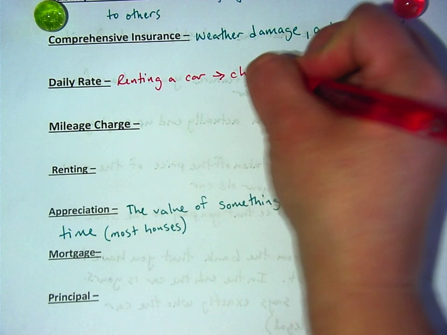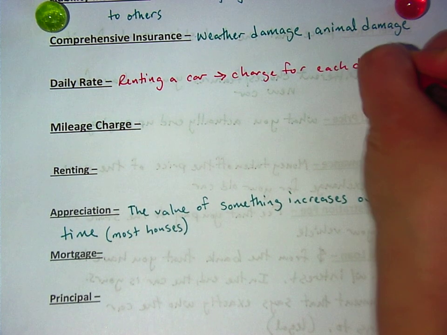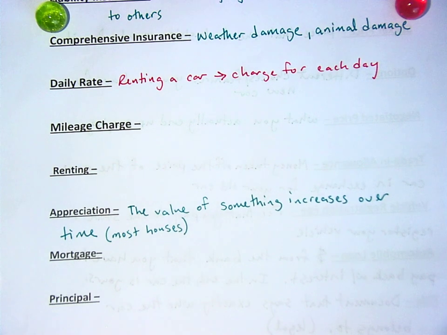And this is a charge for each day. What if you're on a vacation and you don't use your car that day? Do you still get charged that daily rate? Yes, because you still have the car.